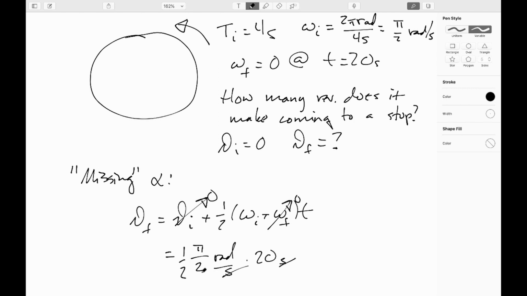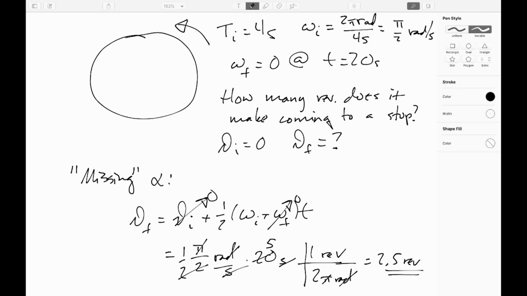Okay, cancel, cancel. So we're up to 5 pi radians, but they asked for revolutions. So we'll have to unit convert that. And remember, there's 2 pi rad in 1 revolution. So, hey, we lose the pi's. We have 5 halves, so 2.5 revolutions until it slows down and comes to a stop.